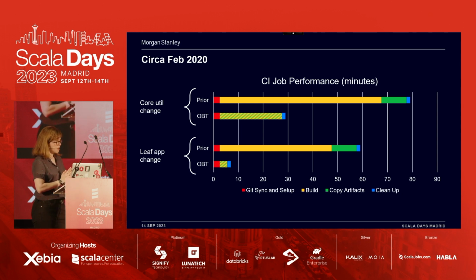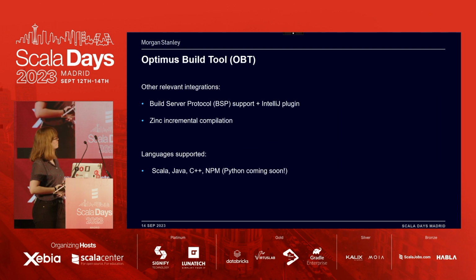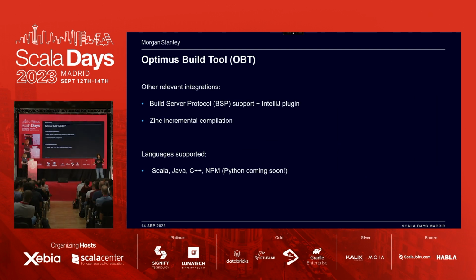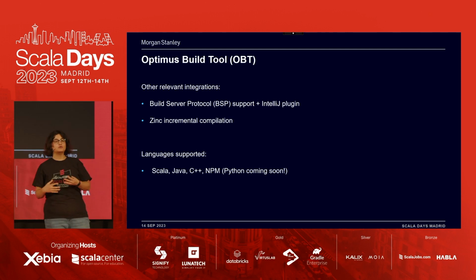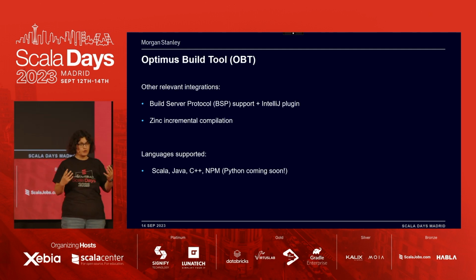And broadening even further, we have seen two very core features of OBT, which were pipelining and the Optimus Cirrus platform. But of course, you can imagine that a build tool is a little bit more complex than that. So we want to give a big shout out to two open source projects that really helped us make this project successful.